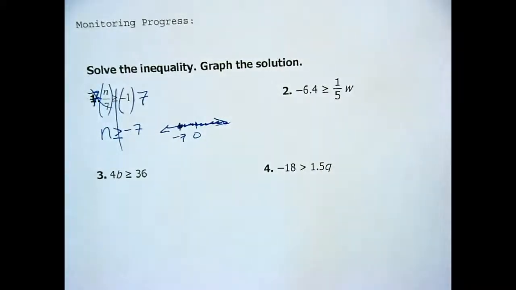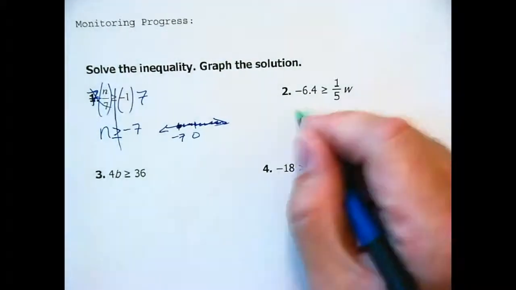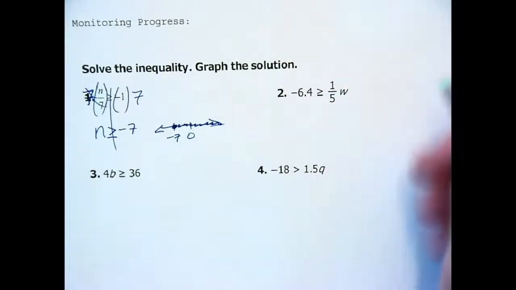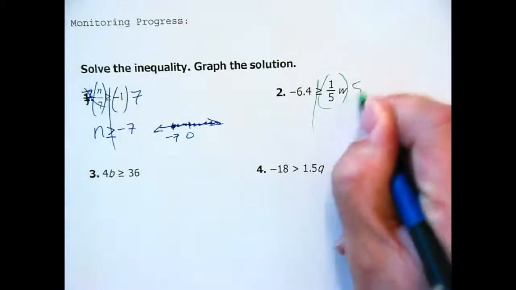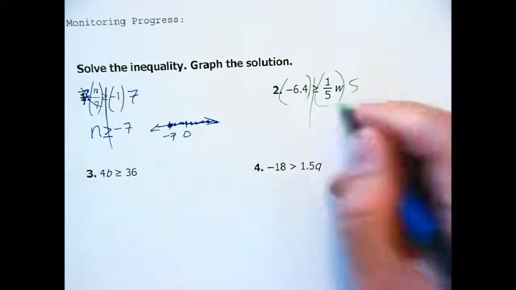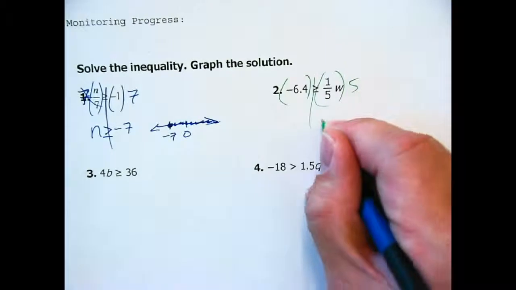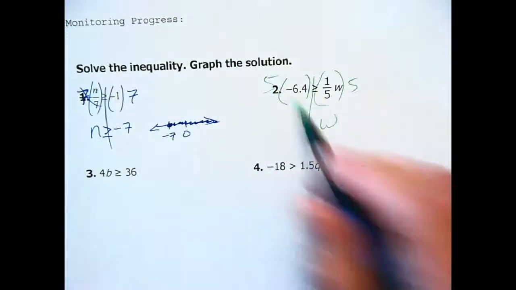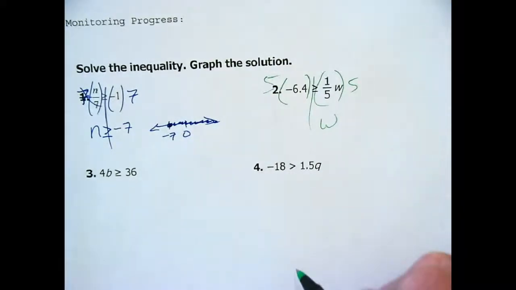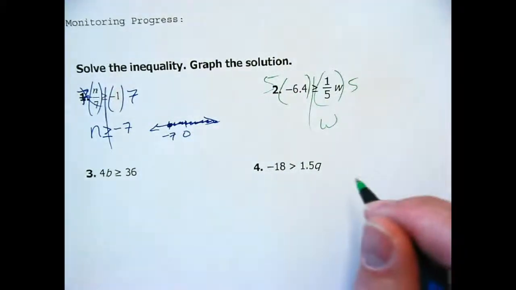Okay? This one right here. How do we get rid of the 1/5? Yeah, he times it by 5. 1/5 of 5 is 1, W. And 5 times negative 6.4. Well, 5 times negative 6 is negative 30, so it's close to negative 30.